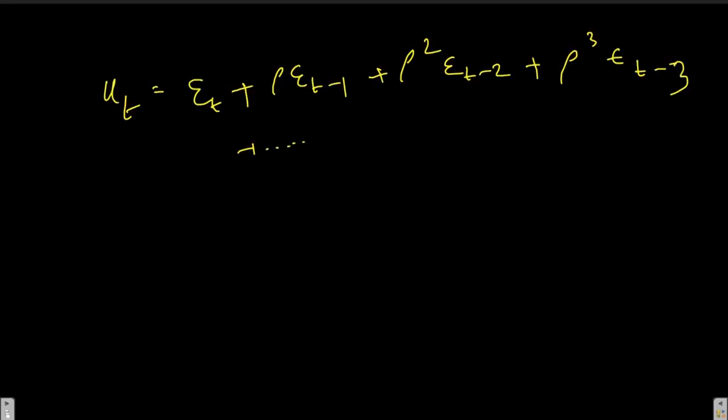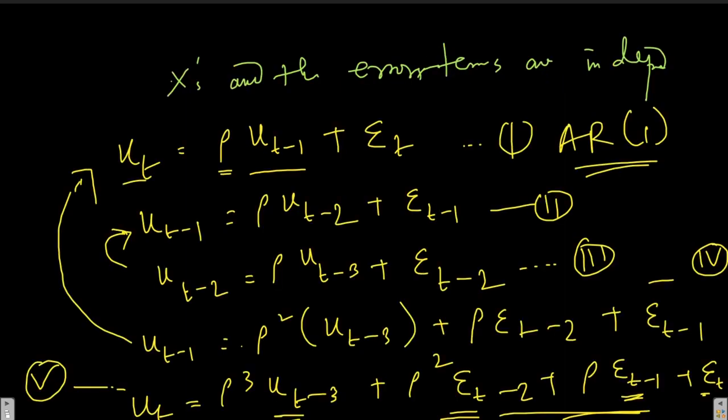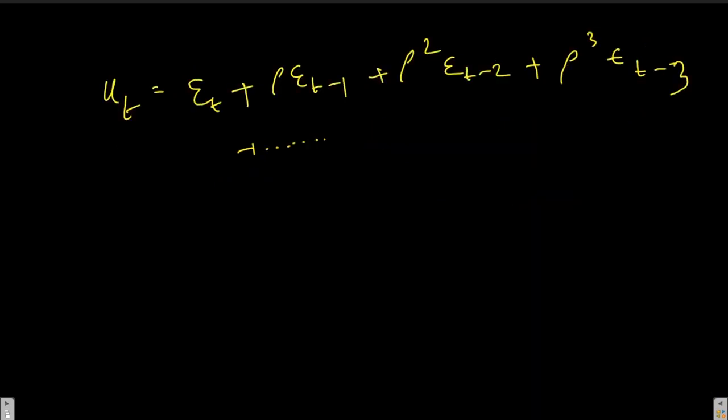It will continue like this. Now the u term, u_{t-n}, is going to be very far away from u_t, and let's say that's 0. Now I have expressed u_t in terms of all these different e's.